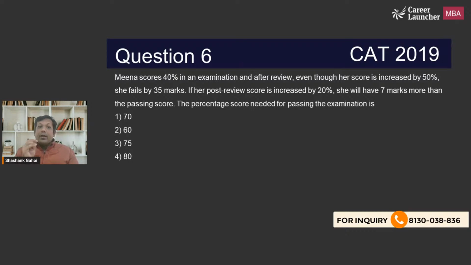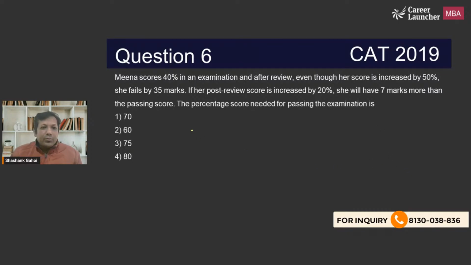If her post-review score increases by 20%, she will have 7 marks more than the passing score. What is the percentage score needed to pass the exam? Okay. So what is the approach we are going to take here? Let's see.